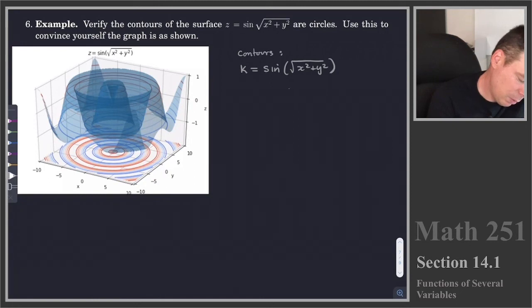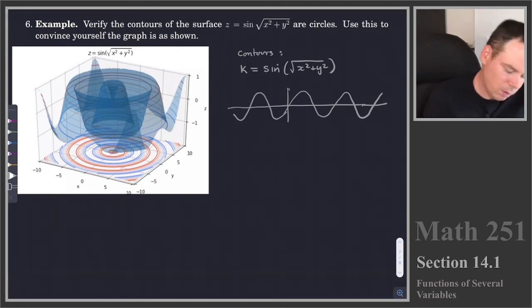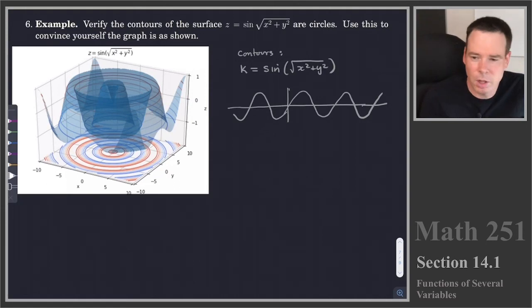Okay, that sine may be causing a bit of an issue, so maybe I'll look at a picture first. I'm just going to ignore the sine of x squared plus y squared and just think, I've got a sine function. Sine function looks like this. And I'm interested in knowing all the possible arguments, all the possible values I can plug into the sine function for which the output is k.